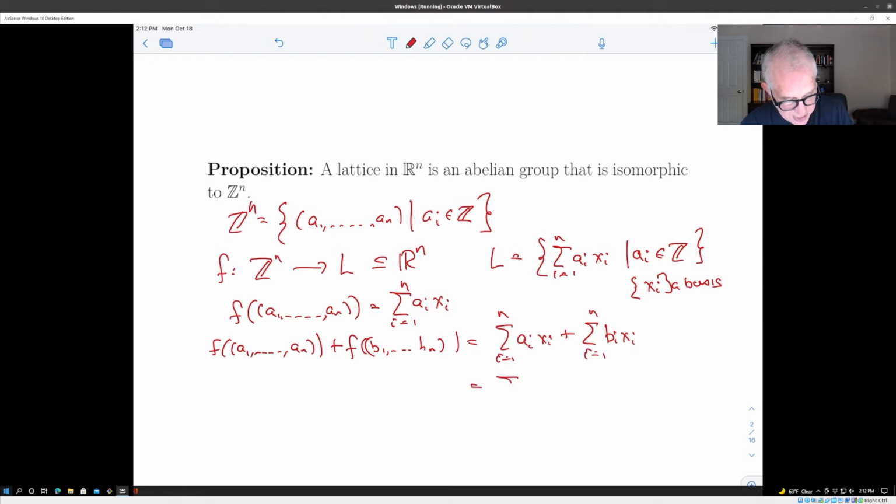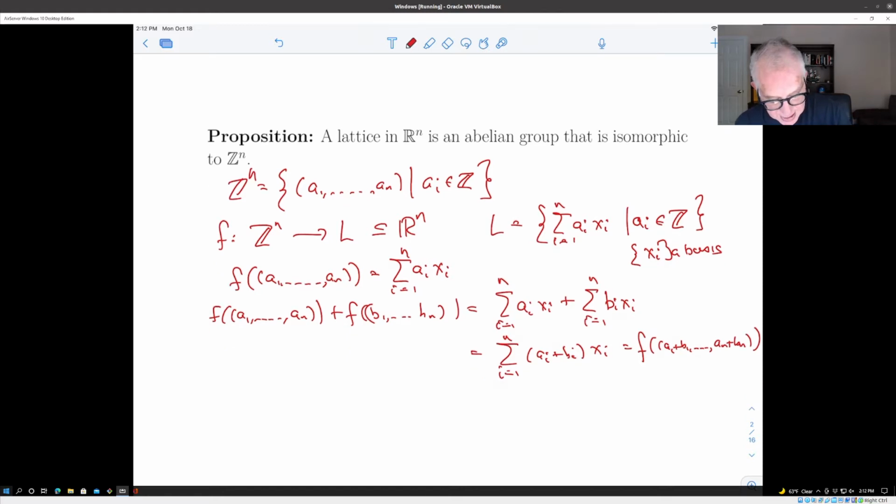And you can regroup that to be the sum where you take the coefficients of the basis vectors and collect them. But that's just f(a1 plus b1, ..., an plus bn), which is the sum in Z^n. So it's a group homomorphism.